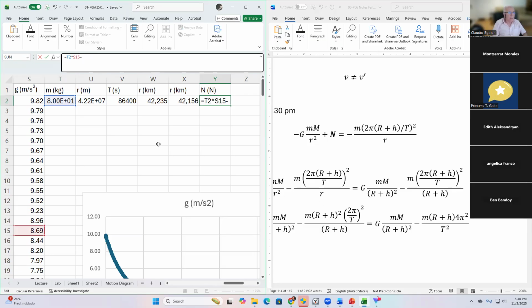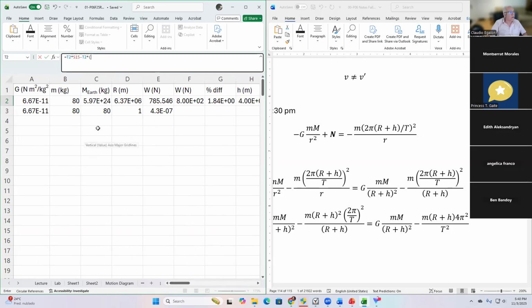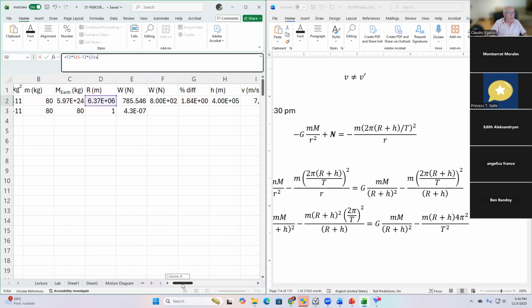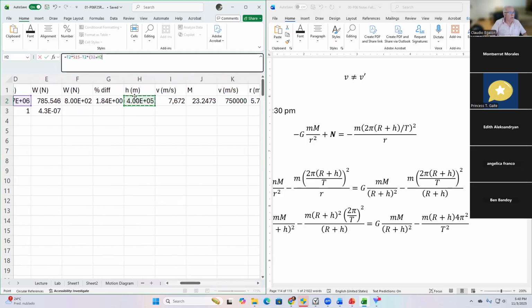That's going to be the mass of the astronaut again, times the radius of the Earth plus the height. The height we already have here, the 400 kilometers is already here.